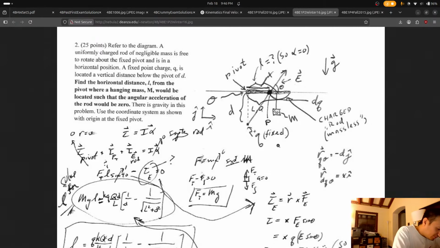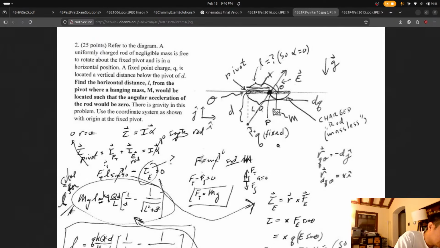Then we have this point charge here, the distance D, this is L with Q, this is M. Okay, G. So we're going to have torque due to tension plus torque due to E is equal to 0.